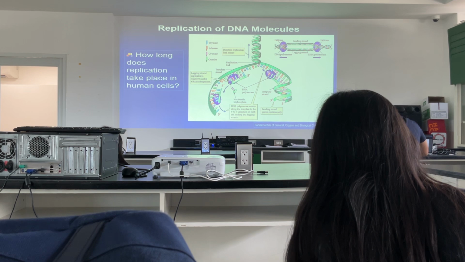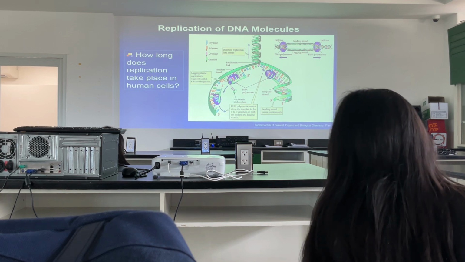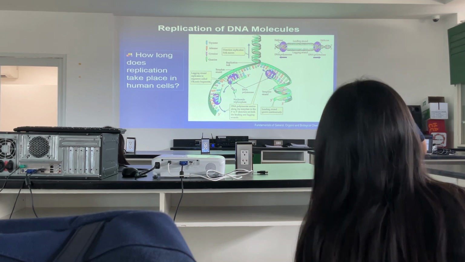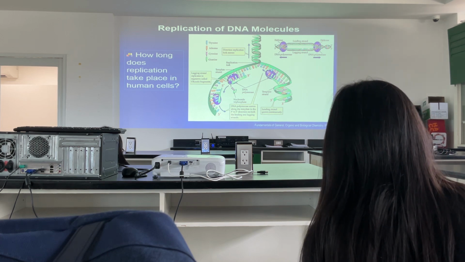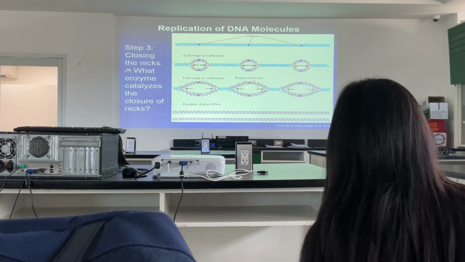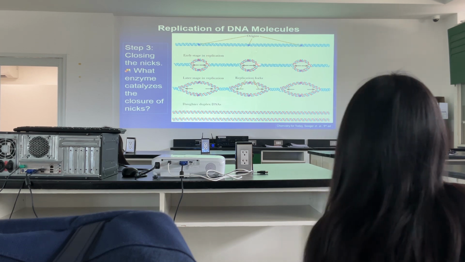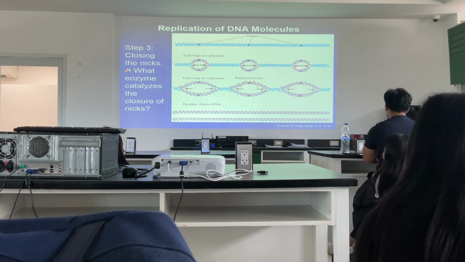And why will it come so fast? It's so fast also in human beings, only that we have a long DNA strand, that's why it will take several hours. The synthesis of the DNA molecule is so fast because replication will occur along several origins of replication in the DNA strand.